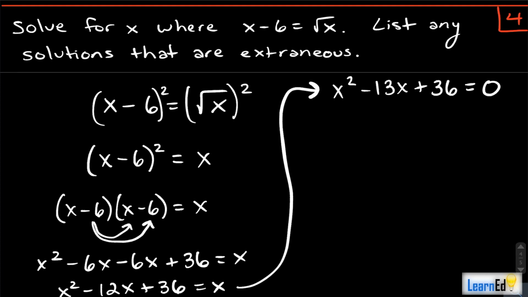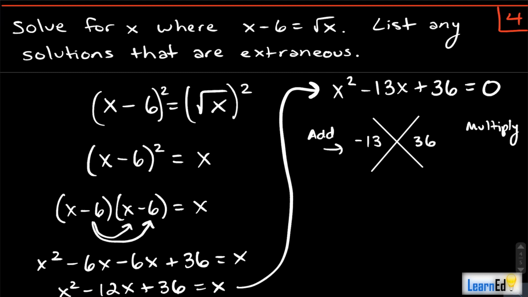How do we do that? Well, how I like to do it is set up an x chart. This is how I actually did it when I went through algebra. You put a negative 13 here, a 36 here, and we want to see what two numbers add to be negative 13, and what two numbers multiply to be 36. After thinking for a little bit, you'll be able to see that it's negative 9 and negative 4.